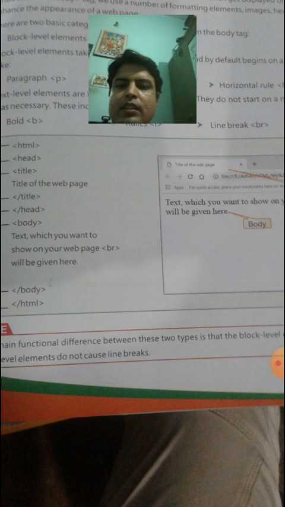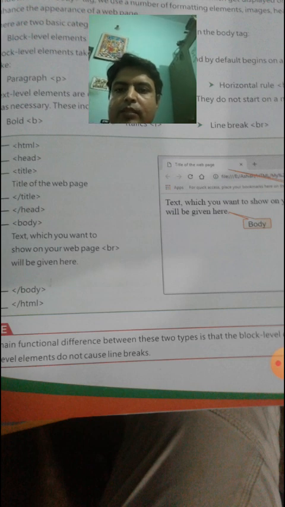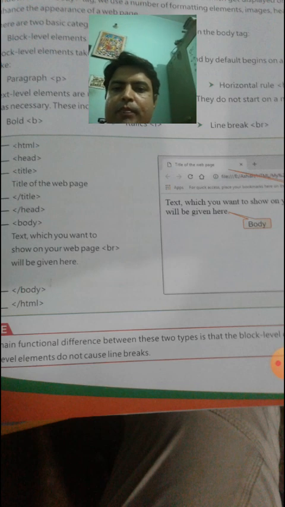Let us see an example of the above stated tags like the HTML tag, head tag, title tag, body tag. In the given example, we can see that the HTML document starts with the HTML tag, and next under the HTML tag there is the head tag.